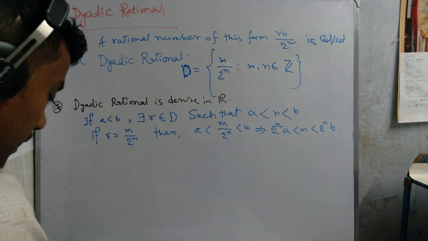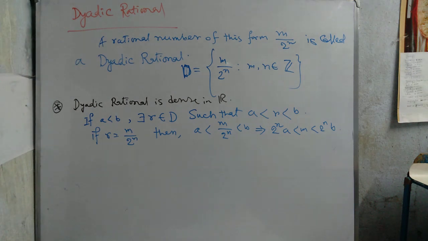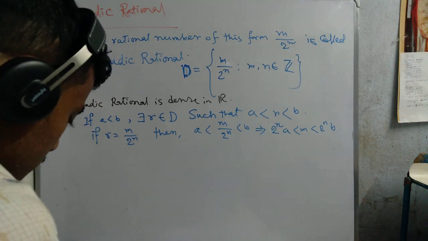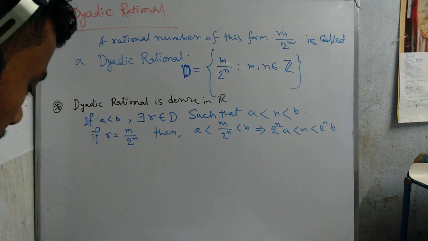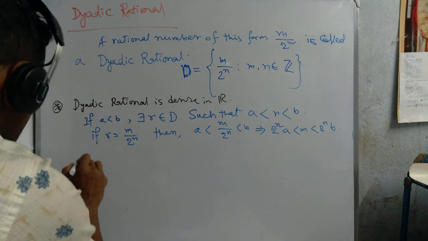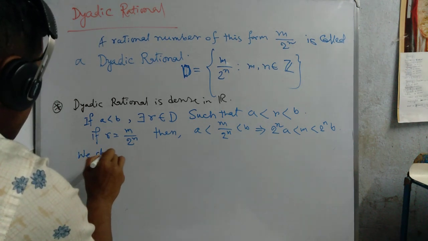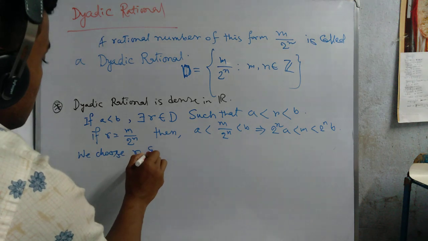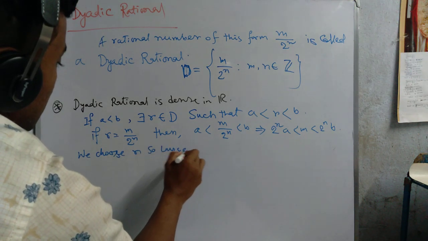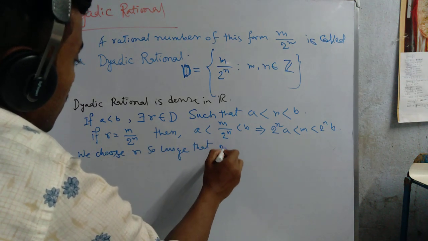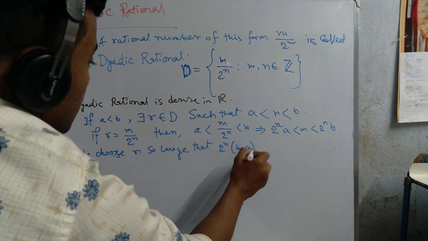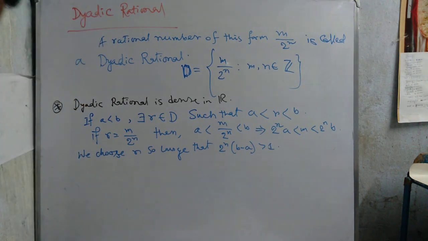There is an integer m lying between 2 to the power n a and 2 to the power n b. Then we choose n so large that 2 to the power n (b minus a) is greater than 1.